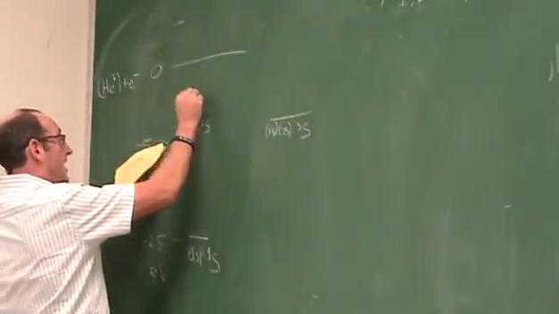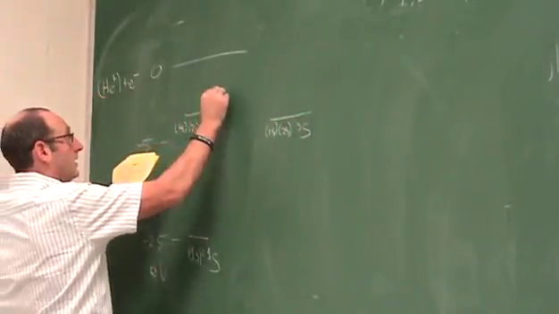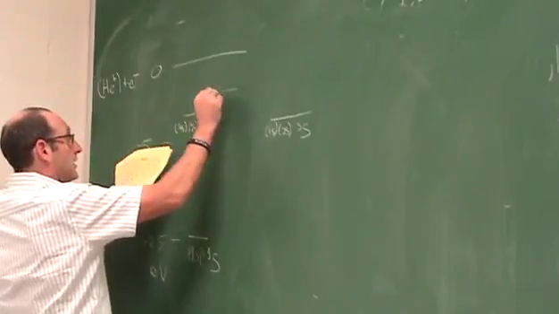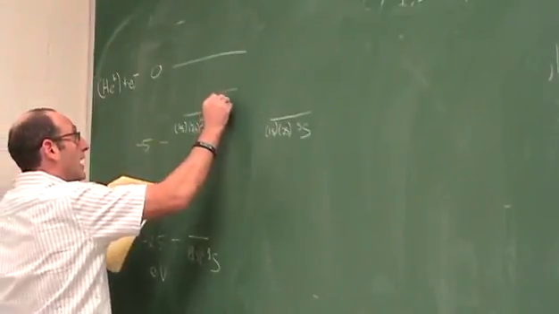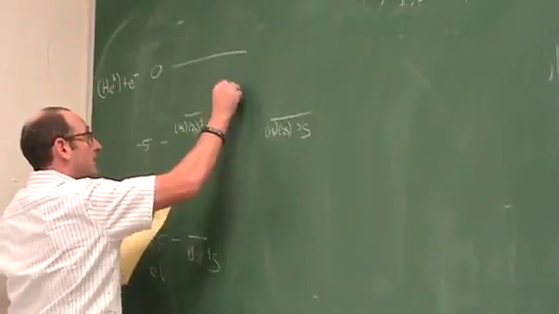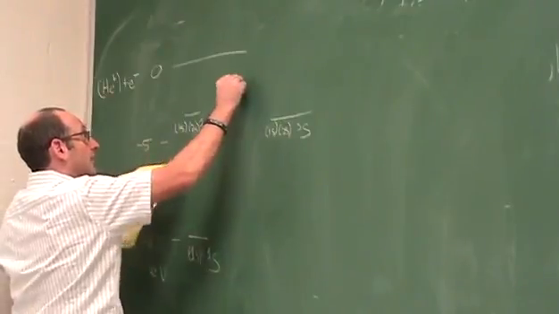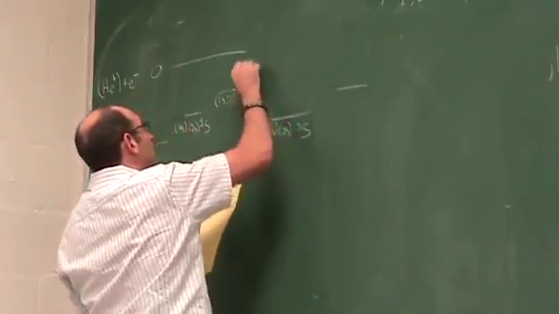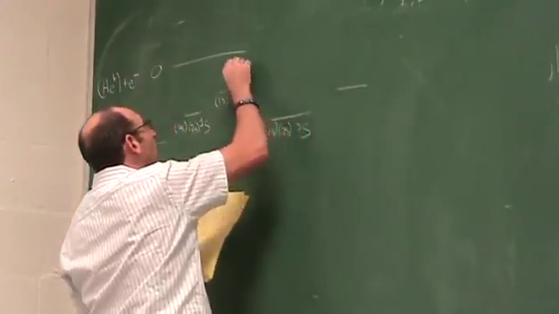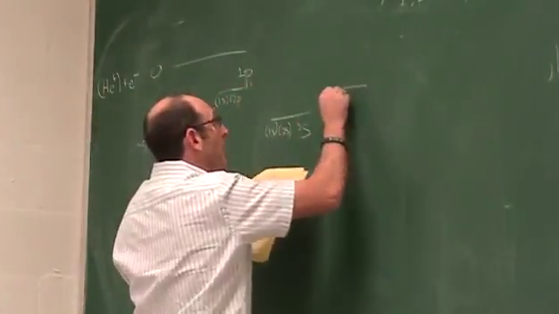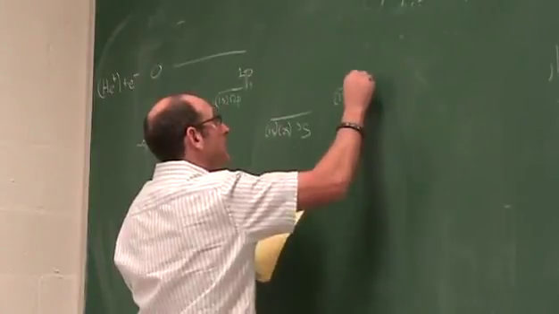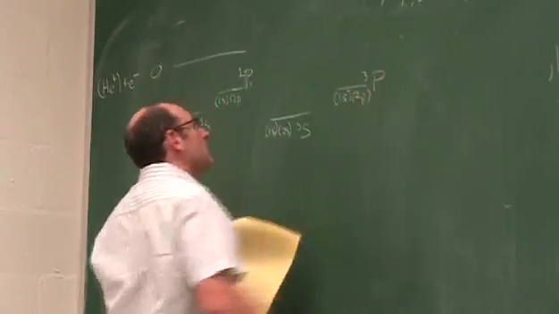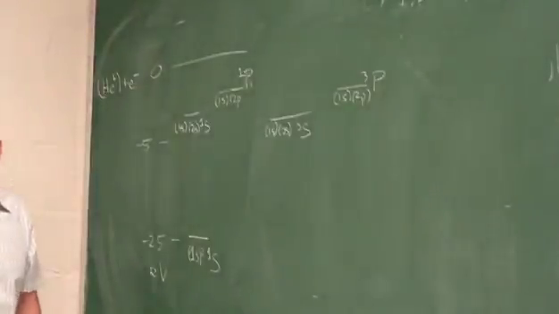Then up here I have the 1s, 2p, singlet p. 1s, 2p, triplet p.